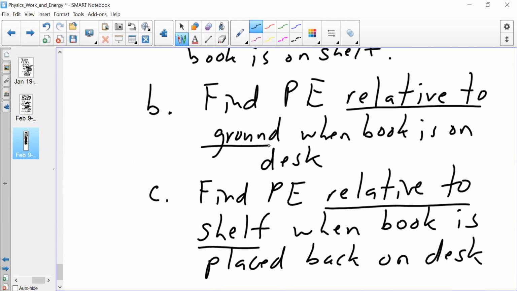Those phrases, relative to, that's your starting point. That's why when we said relative to desk, we don't look at anything else. Desk is the starting point. Now I have to go up to the shelf. What's the height difference? Boom, potential energy, mgh, done. And that's the logic that you're going to use for these examples.